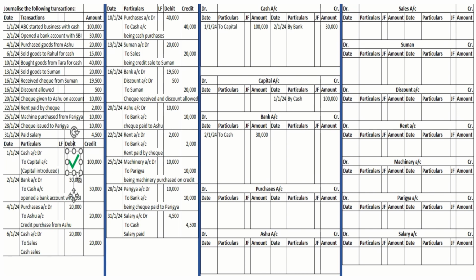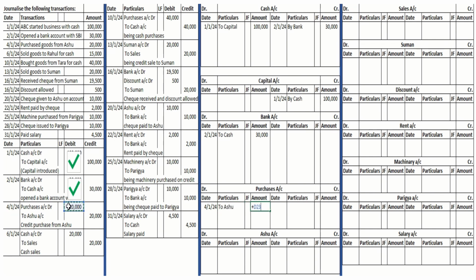Next entry will be purchases account debit to Ashu. So I prepared the purchases account as well as the Ashu account. Now the entry is that the purchases account should be debited. The entry should be recorded in the debit side of purchases, to Ashu.